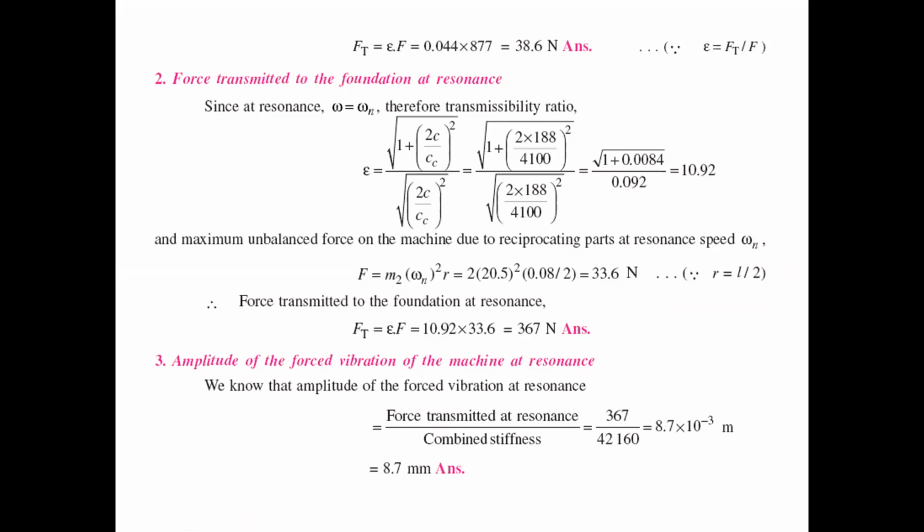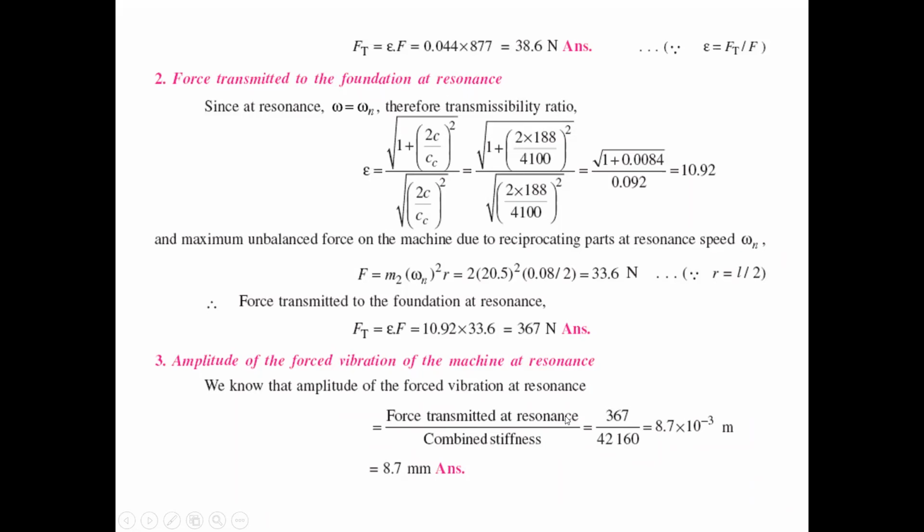And now going to find another value, that is the amplitude of forced vibration of the machine at resonance. The formula taken is the force transmitted at resonance divided by the combined stiffness.